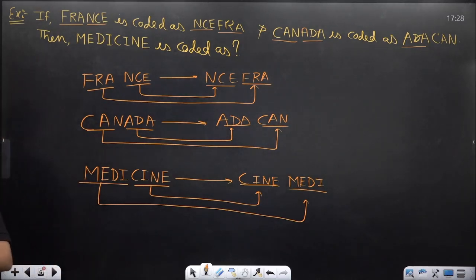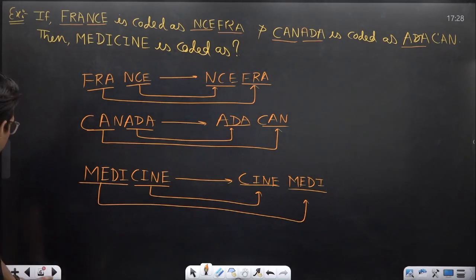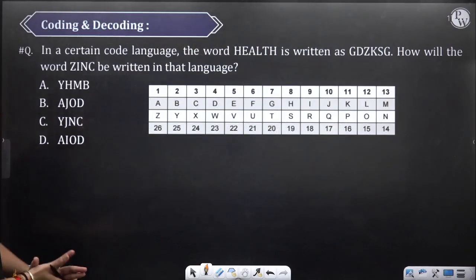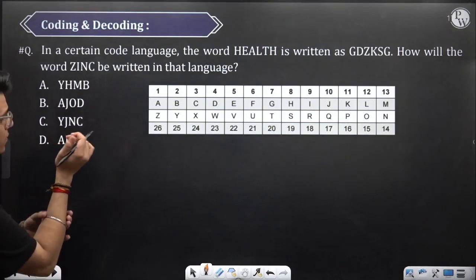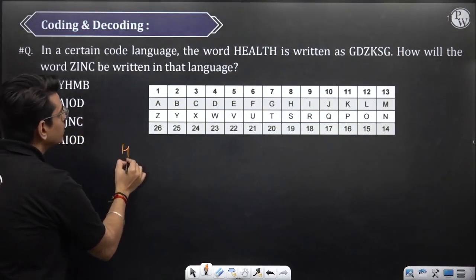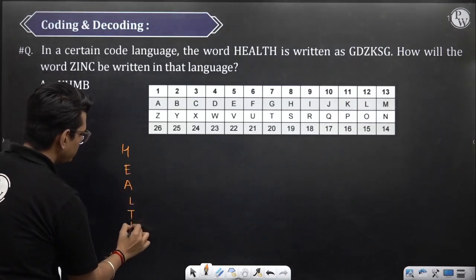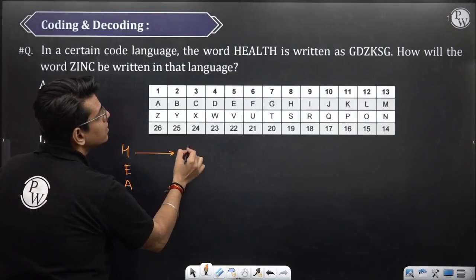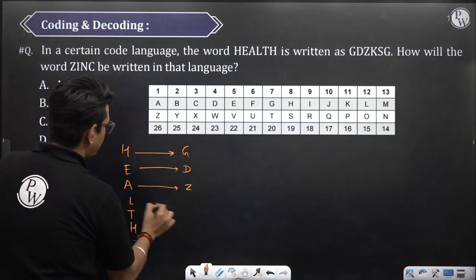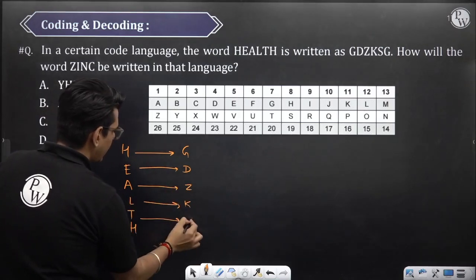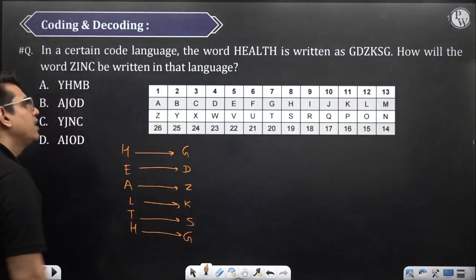Right. Now we will solve different types of problems based on alphabet coding. So the first question is, in a certain language, the word HEALTH is written as GDZKS. H is written as G. Now I will have this table every time.